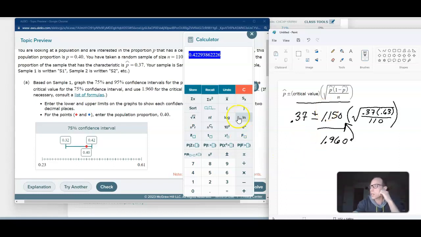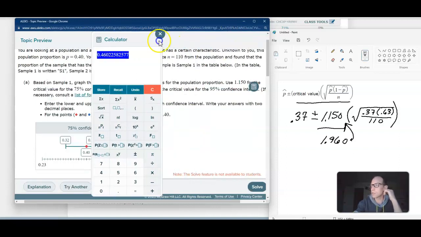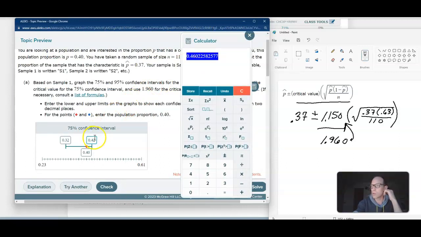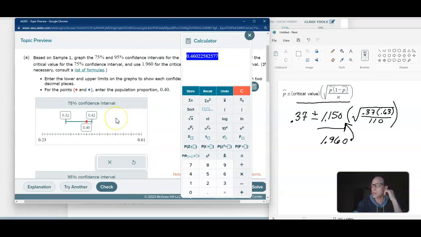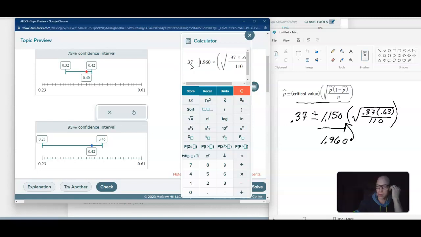So on our calculator, I'm going to go ahead and undo again. I'm going to do the plus first with my new critical value. This is my 95%. This is going to be my right side of the interval since I did the plus. It's going to be 0.46. And then I'll go back and grab my minus, which is going to give you 0.28.